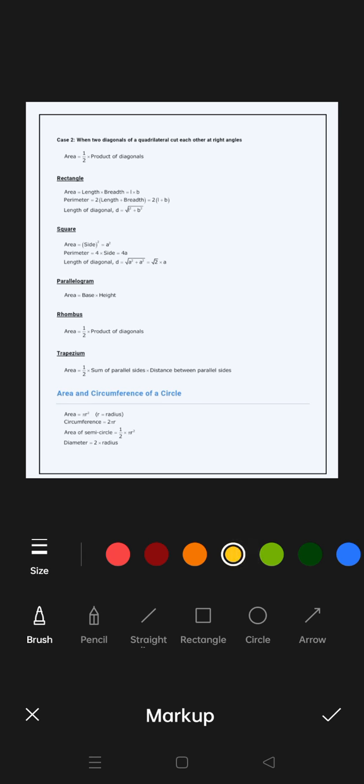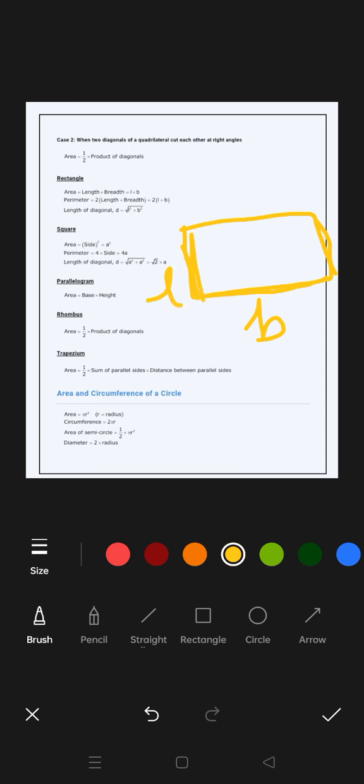Suppose this is a rectangle. This is its length and this is its breadth. Sorry, what I'm doing today.